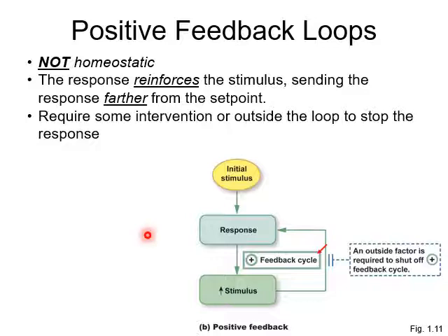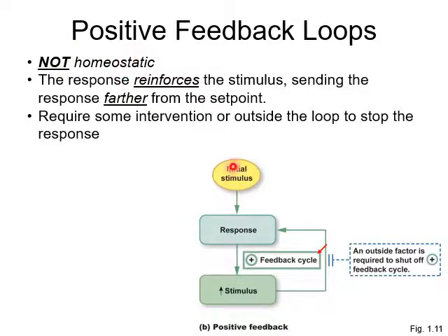All right, let's look at the opposite end of the extreme, a positive feedback loop. If negative feedback loops keep you homeostatic, what do you think positive feedback loops do? They're the opposite, so they're actually non-homeostatic.